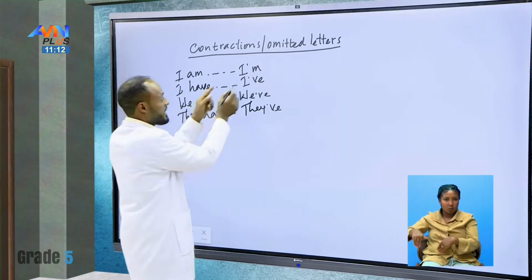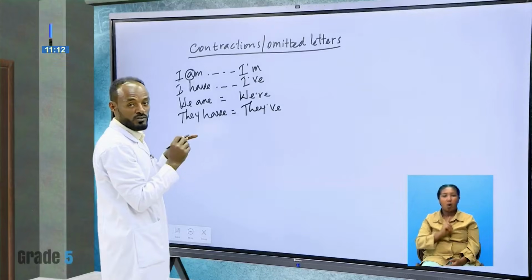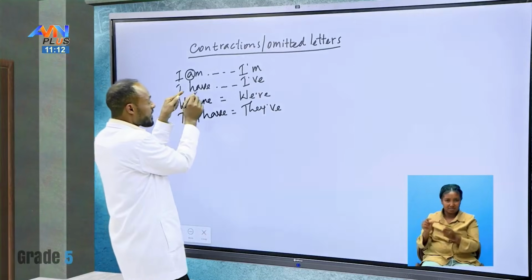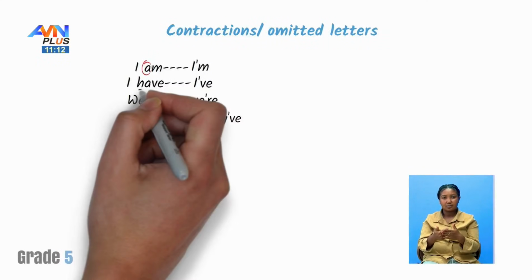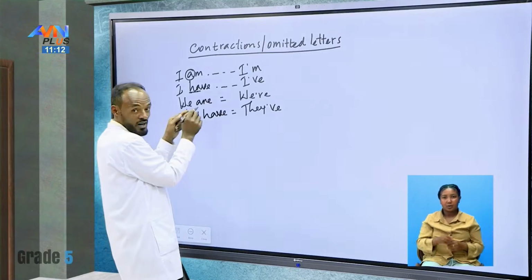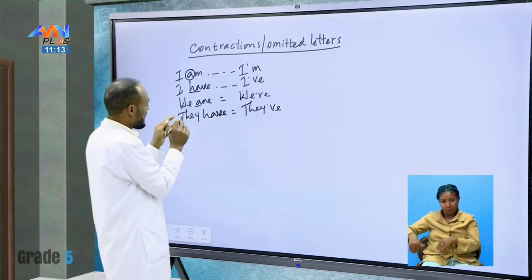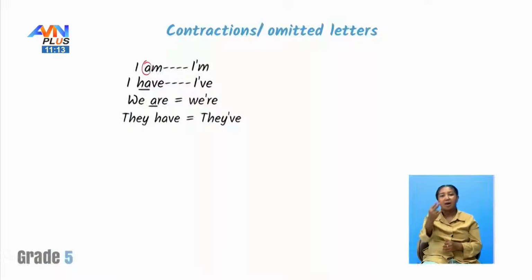Is it clear? Here we omitted this one. In this case we also omitted A in we are. We omitted A here. And also here, they have, we omitted H-A.